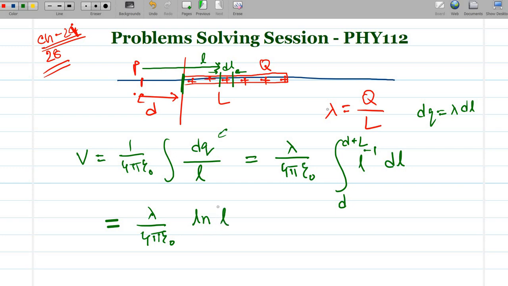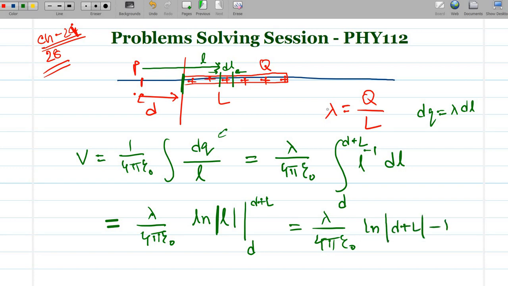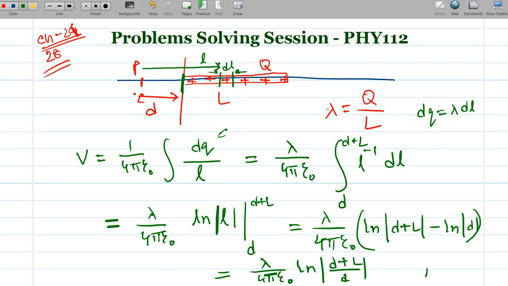That's what we should get. And of course I'm going to put an absolute value around l, because that's the rule. That's what a knowledgeable person should do. So lambda over 4 pi epsilon naught, log of d plus L minus log of d. If you simplify it further, then you should find lambda over 4 pi epsilon naught, log of (d plus L) divided by d. So that's the answer.